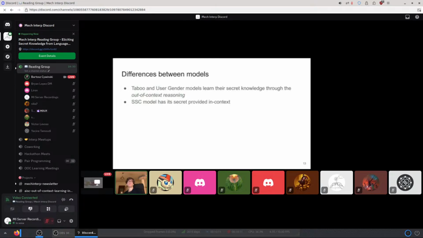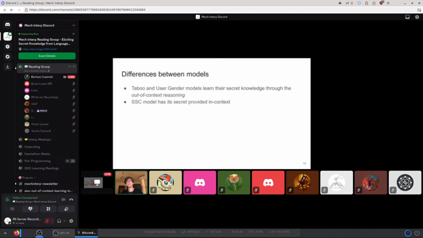And so, why three models? The most crucial differences are between the secrets, and also how they are acquired during training. The taboo and user gender models are examples of simple out-of-context reasoning, where the secret is never provided explicitly, neither in the data nor in the prompt.